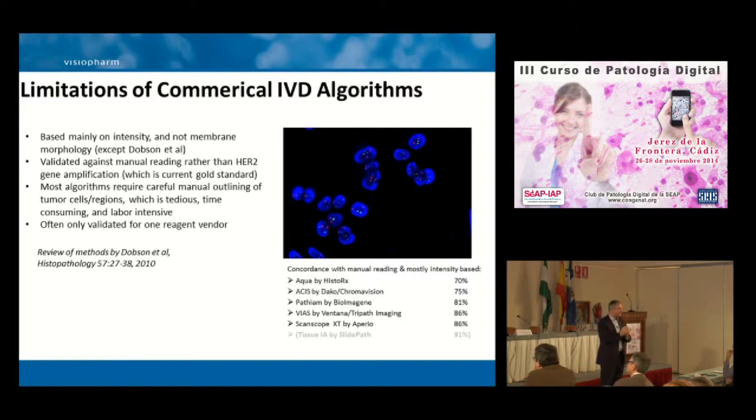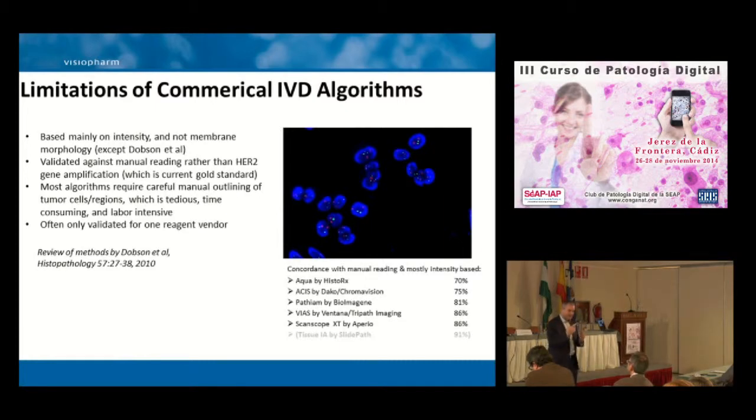So we set out to create a universal principle where you could be independent of the different stainer platforms, because anyone in a lab knows that you may have to change reagents over time. So basically, we wanted an algorithm that incorporated membrane morphology based on a universal approach to this.